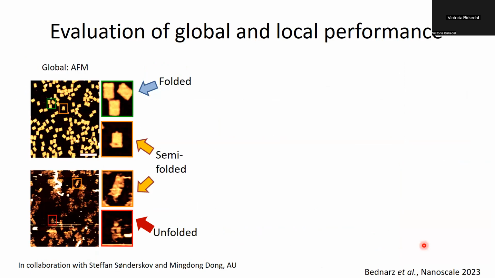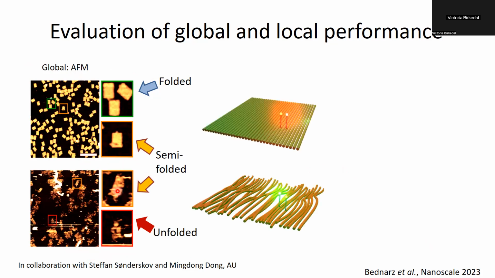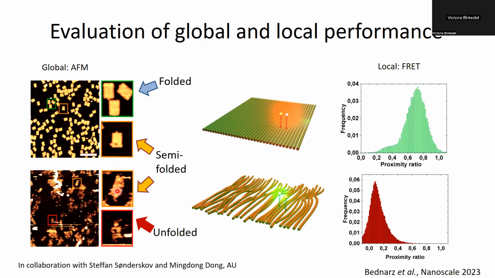Good. I also wanted to tell you about this one. It's work by Alexandra, because she did really nice work looking at the structural stability, or how these larger DNA origami structures form, with AFM, looking in conditions where they form nicely and when they do not form, here with magnesium and here with sodium, and then putting fluorophores on the structures and doing similar experiments with single molecule FRET.